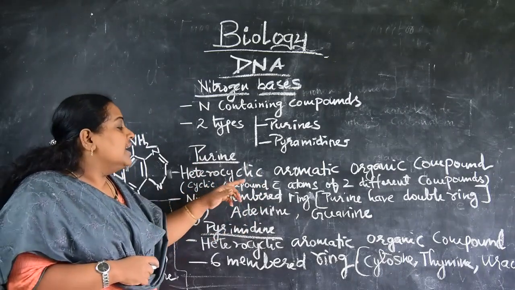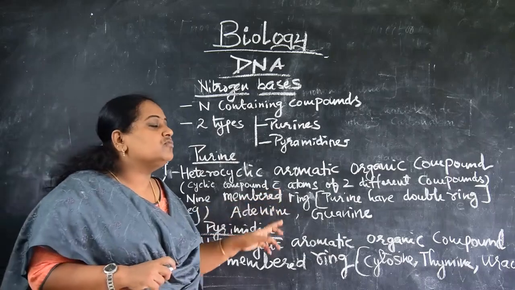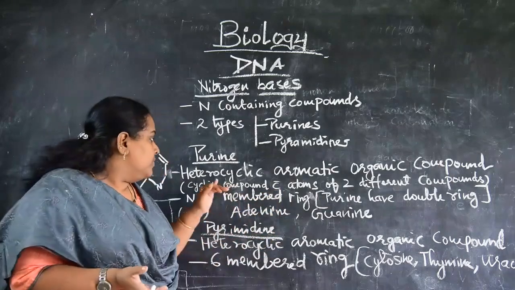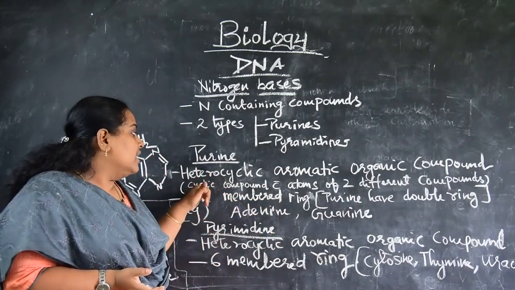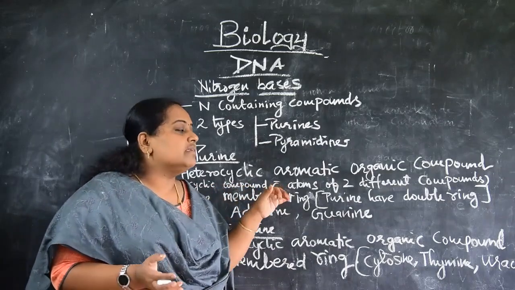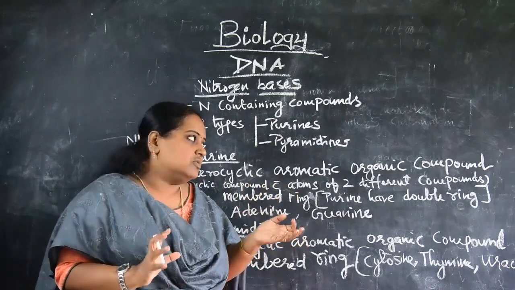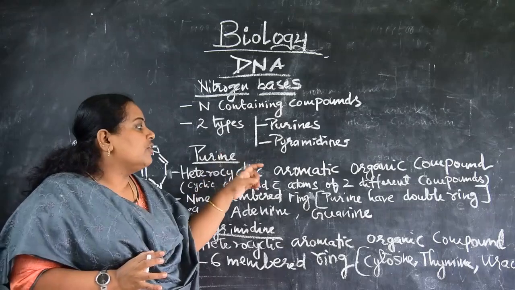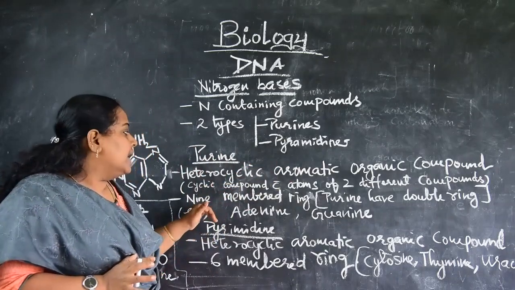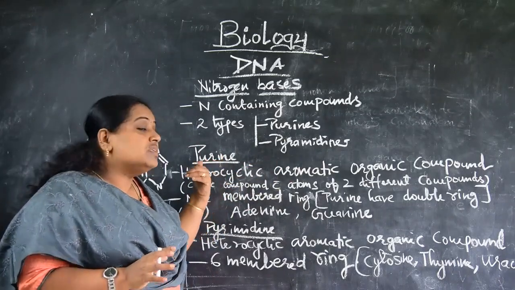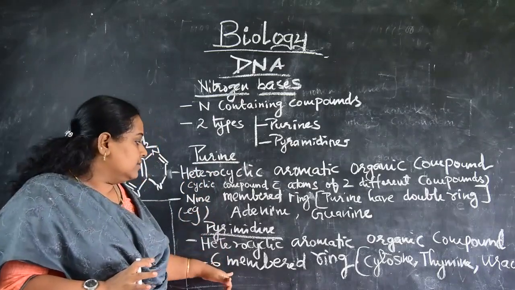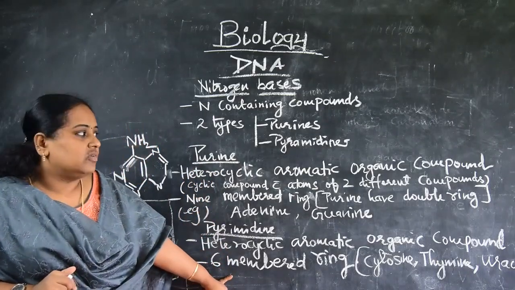It is a cyclic compound with atoms of two different elements. So purines have a 9-membered ring and pyrimidines have a 6-membered ring.